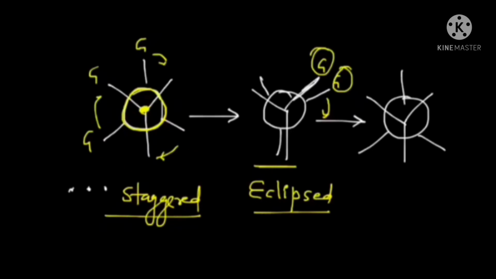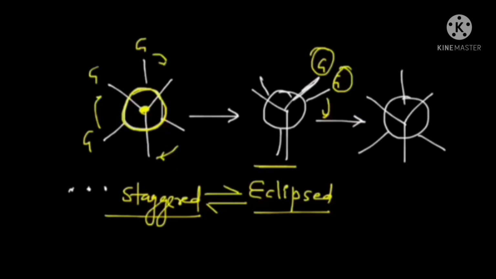So there are two formations a conformer can take. One is the staggered position and the other is the eclipsed position. And due to rotation, these two conformations keep converting into one another. Now if you have your own space, you will be more than happy, right?